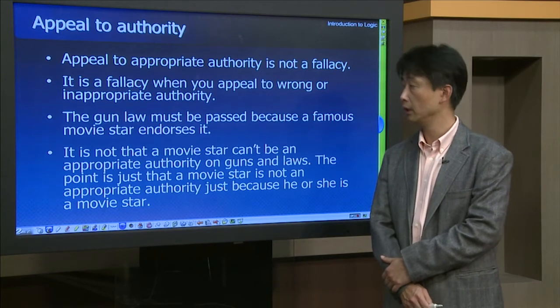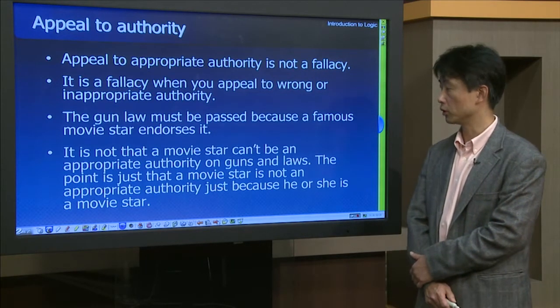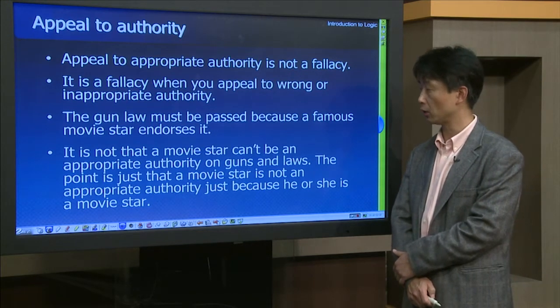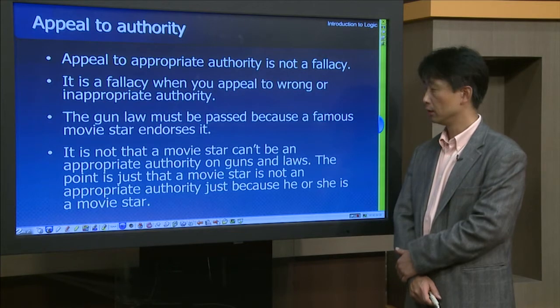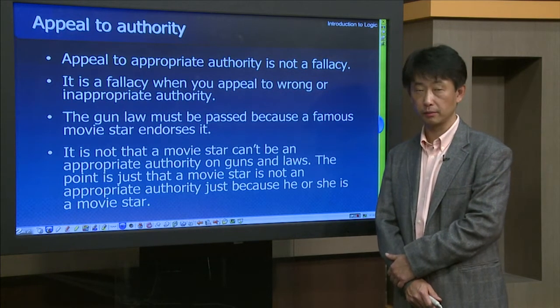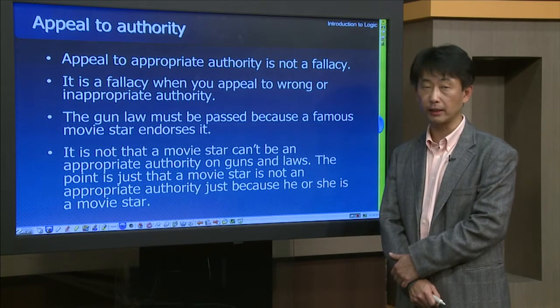For example, the gun law must be passed because a famous movie star endorses it. The fact that a famous movie star endorses something may have a certain psychological effect on us.